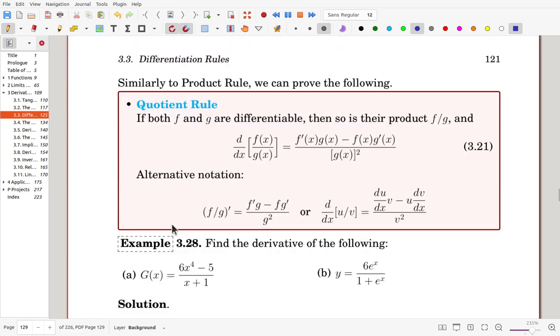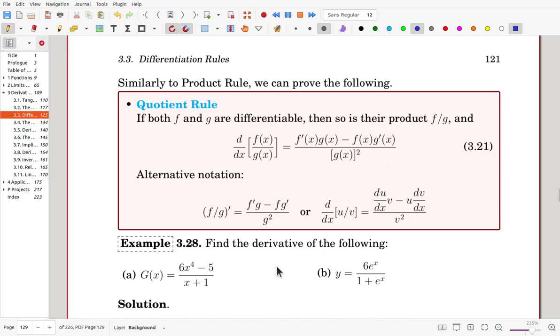Now, similarly to the product rule, the quotient rule can be proved, derived in this way. Here, f over g, this quotient, if you are taking the derivative, then on the bottom it is g squared, and on the top, f prime g minus f g prime.